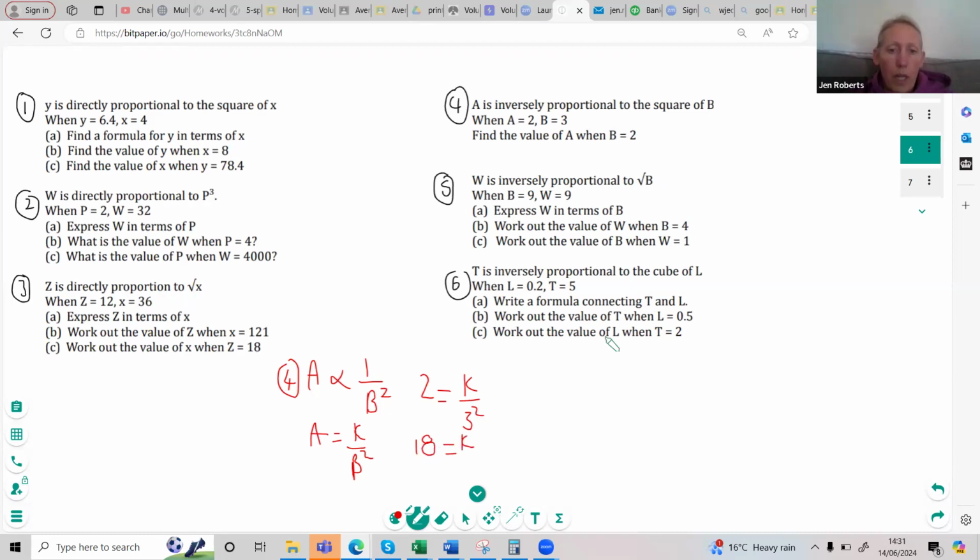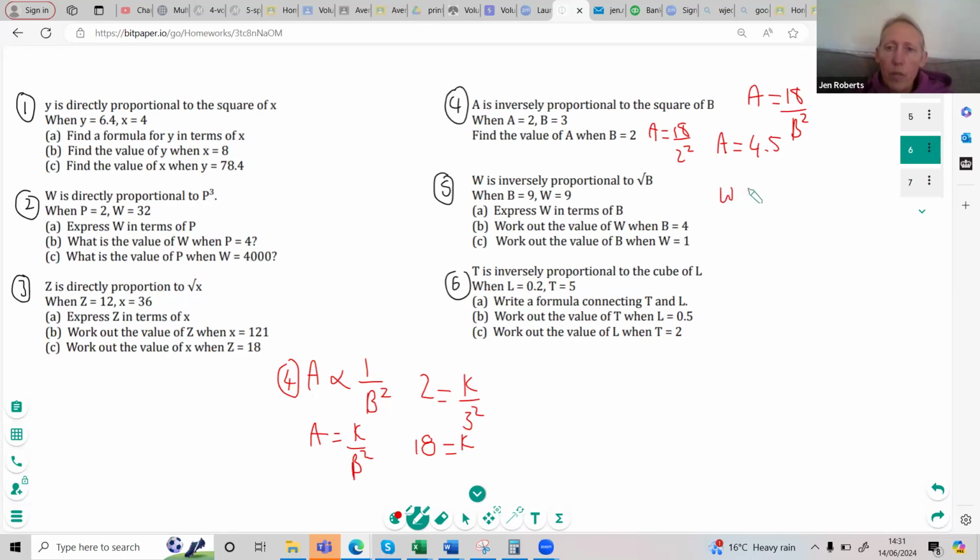It doesn't ask us for a formula, but we need it to work out anything else. A equals 18 over b squared. Find the value of a when b is 2. 2 squared is 4. 18 divided by 4 is 4.5.